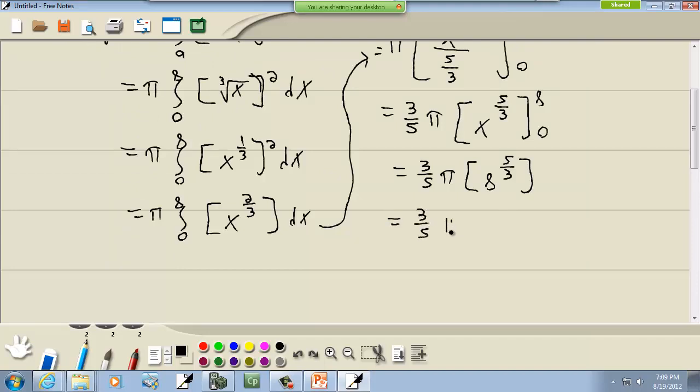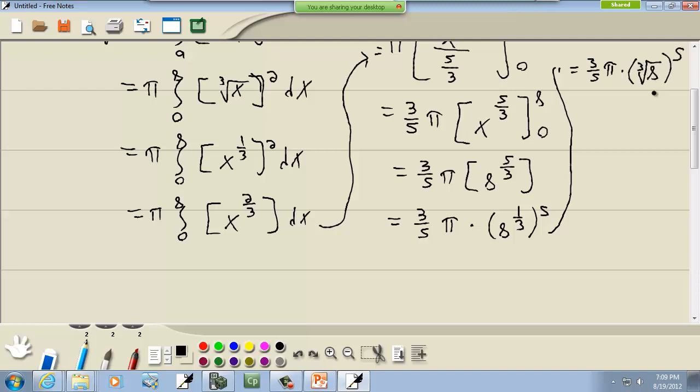Gives me 3/5 pi times 8 to the 1/3 to the 5th power, which gives me 3/5 pi times the cube root of 8 to the 5th power, which gives me 3/5 pi, cube root of 8 is 2, so times 2 to the 5th, 2, 4, 8, 16, 32.